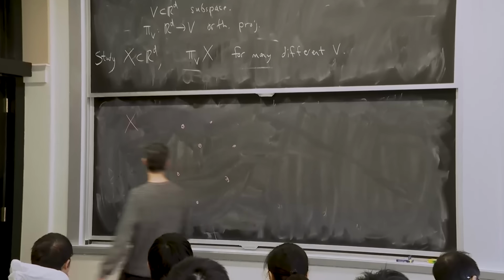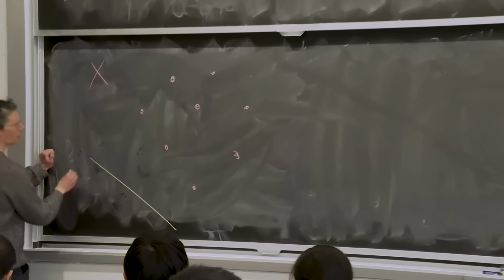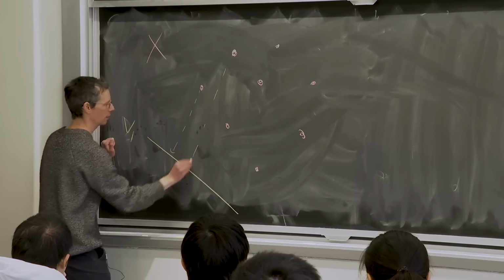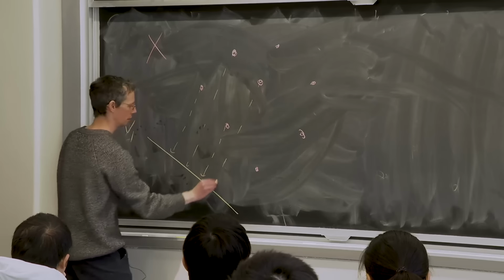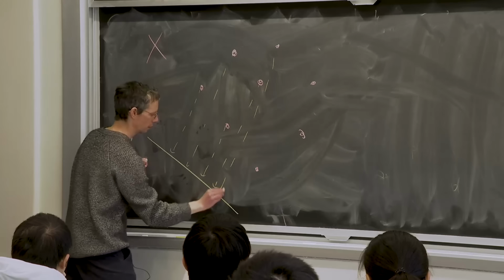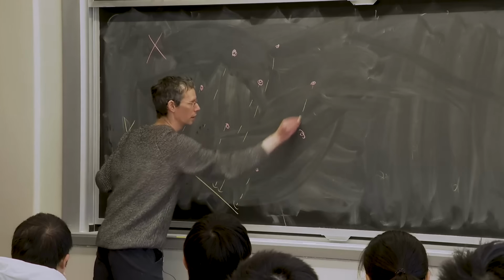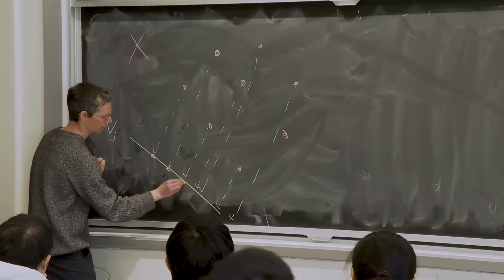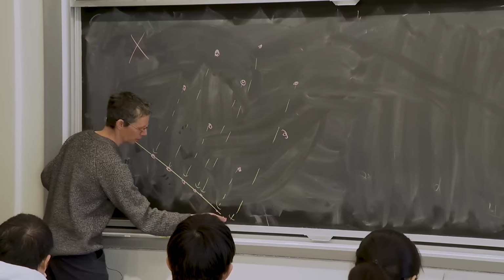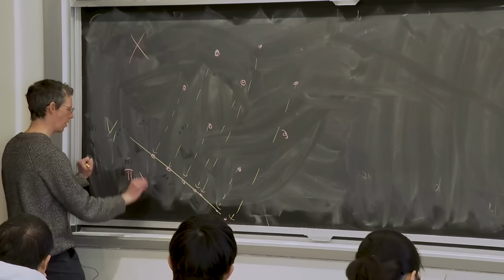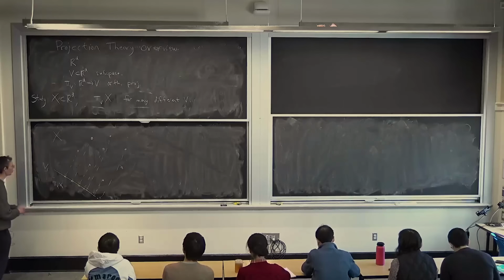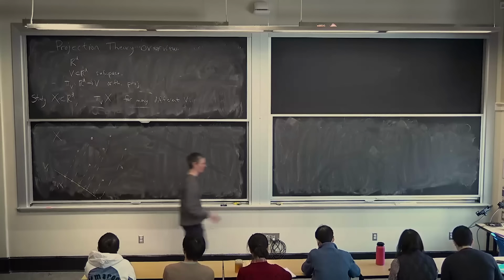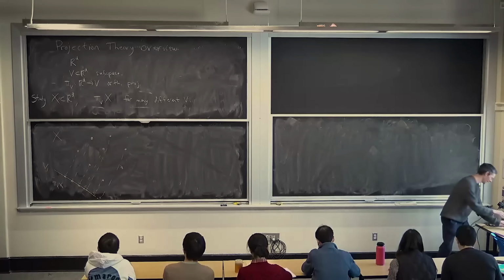So I'll draw one plane over here, and if I project X onto this plane, then I will get this. So there is pi_V1 of X. But I have rigged this. So if I project it onto a different plane, something a bit interesting will happen.